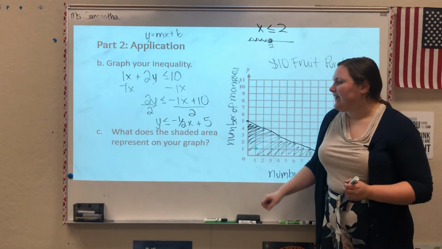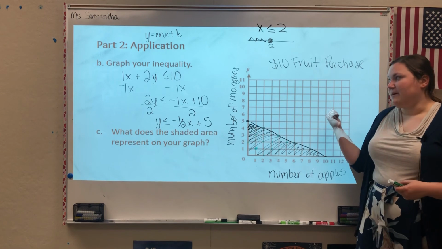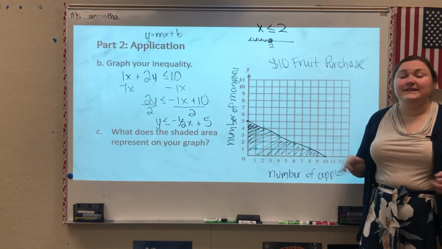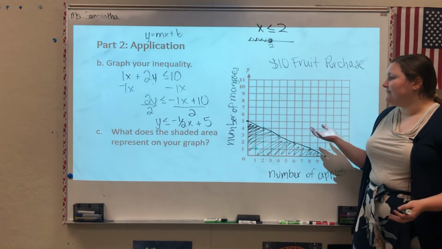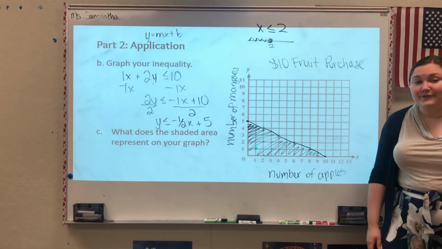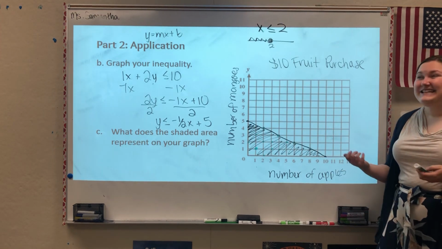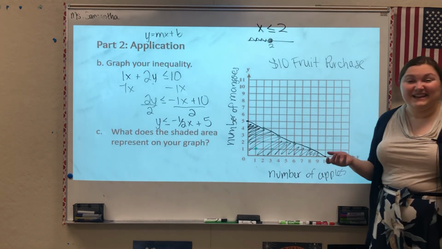This shaded area is always going to represent the solution for what you're talking about. Here I was talking about the different types of fruit you could purchase. That shaded area is showing you all the combinations of fruits that you can buy. We've seen inequalities with money.